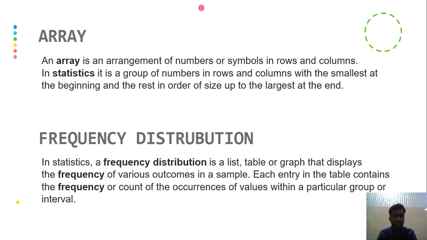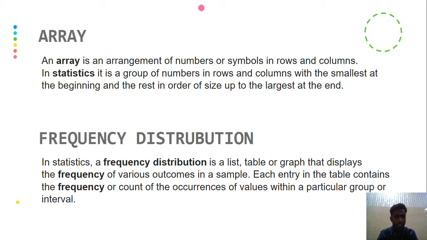Array. An array is an arrangement of numbers or symbols in rows and columns. In statistics, it is a group of numbers in rows and columns, with the smallest at the beginning and the rest in order of size up to the largest at the end.